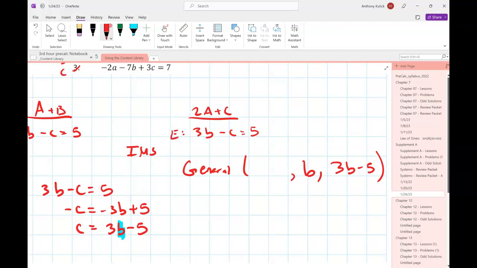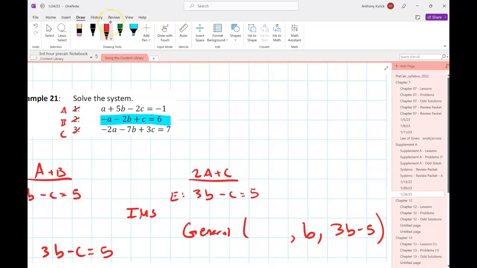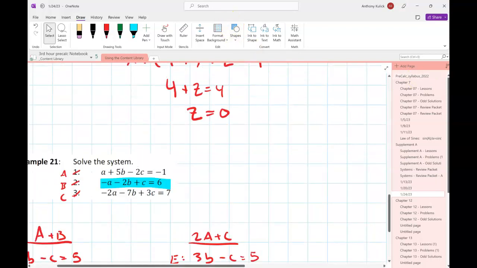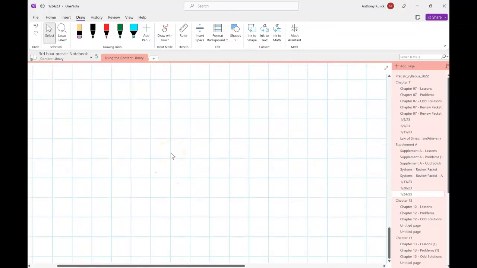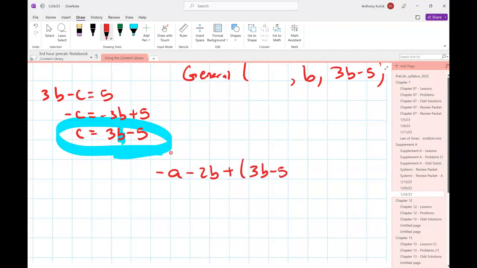To figure out my component for A, I'm going to plug C equals 3B minus 5 into either equation A, B, or C. I would plug it into B because the coefficient on C is 1, and the coefficient on A doesn't make any fractions, so I love that. So I have -A minus 2B, and then plus, instead of C, I'll write 3B minus 5.